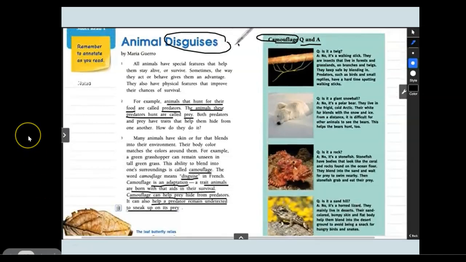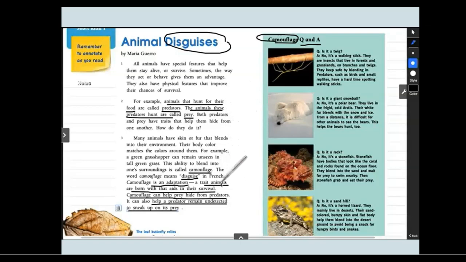We knew we were looking for details about disguising and camouflage, and we knew that camouflage helped predators and prey to survive. Predators, prey, and camouflage were all important details to understanding the main idea of our text.